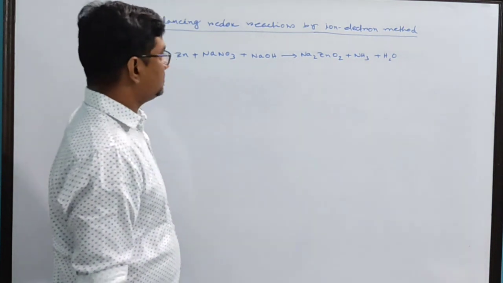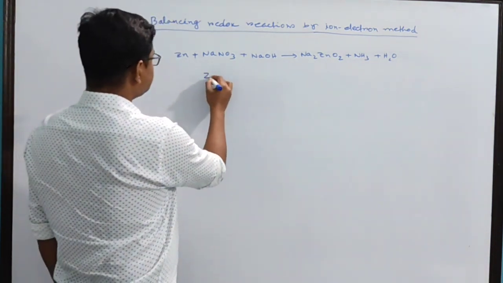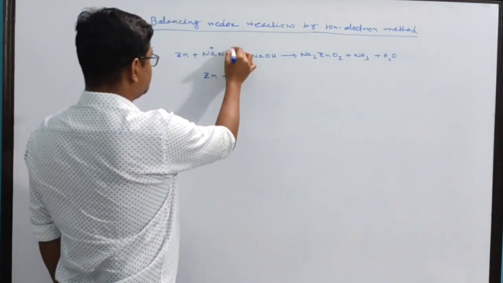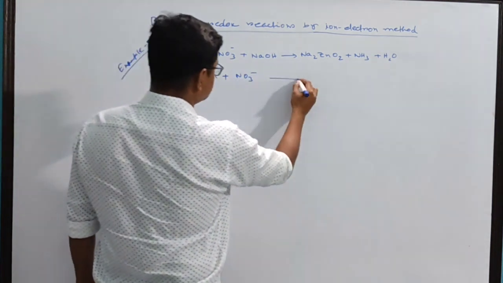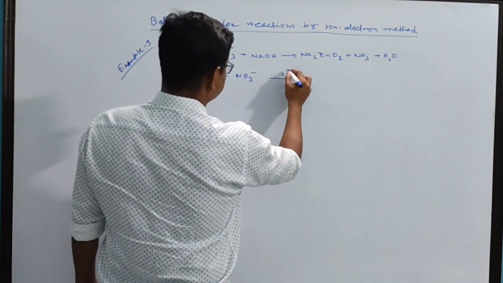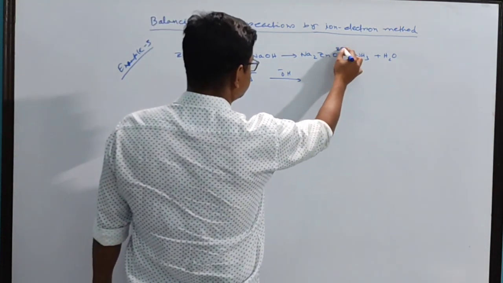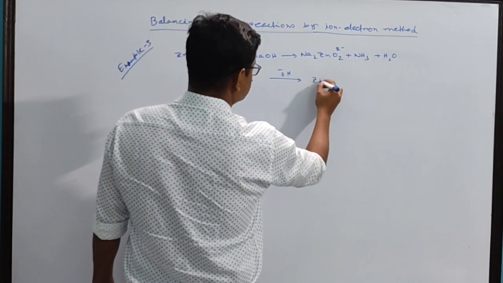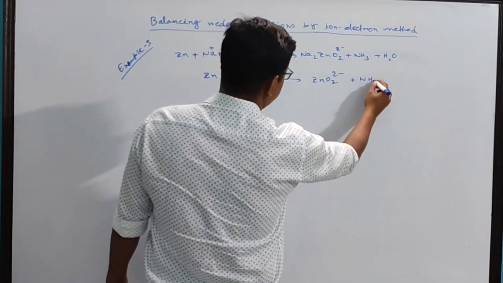the half reactions. So first write in the ionic form: zinc plus NO3 minus in presence of OH minus giving, here it will be 2 negative because 2 sodium ions are there, ZnO2 2 minus plus NH3.